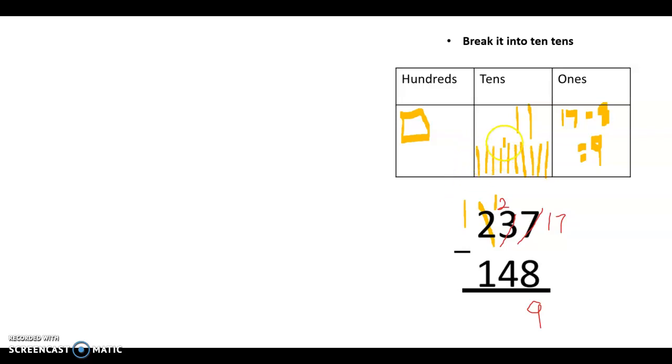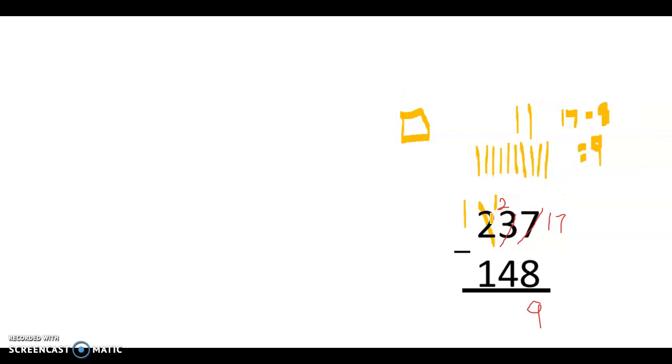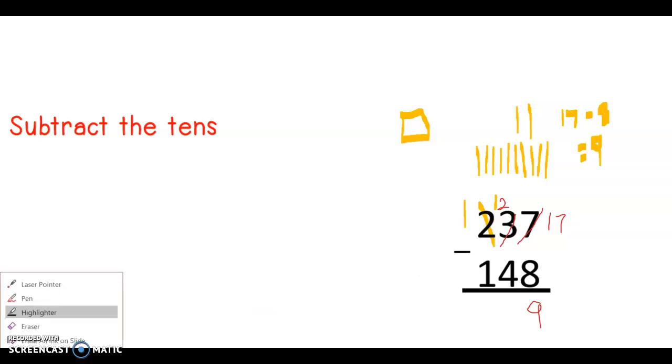And when I add my 10 tens that I have borrowed with my 2 tens I already have, it gives me a total, look right there, 12 tens. So now we have 10 more tens with the 2 tens we already had, which gives us that total of 12 tens. And now I'm set up to subtract my 12 tens.